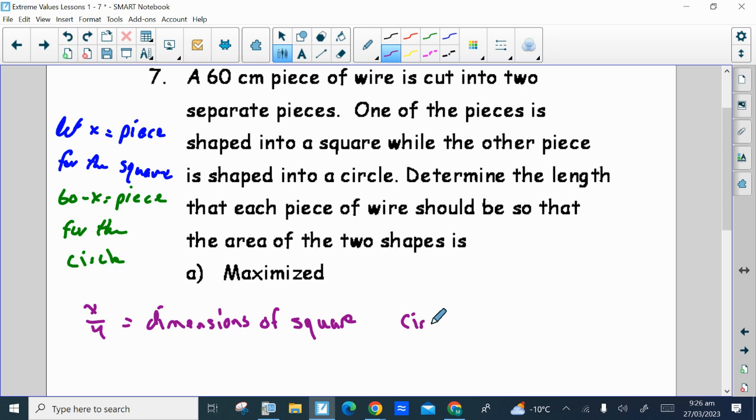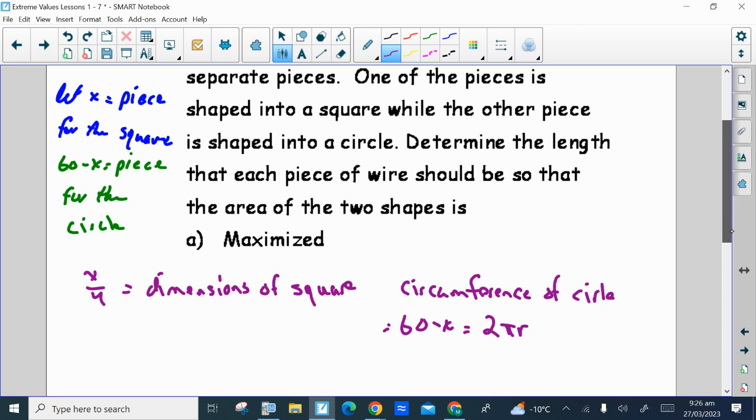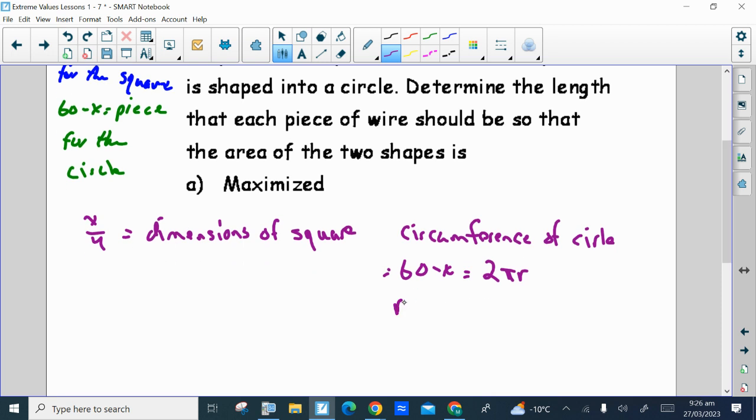So the circumference of the circle equals 60 minus x, and the formula for circumference is 2 pi r. So you can solve for r, the radius, by dividing both sides by 2 pi. So there's an expression for r, the radius of the circle.